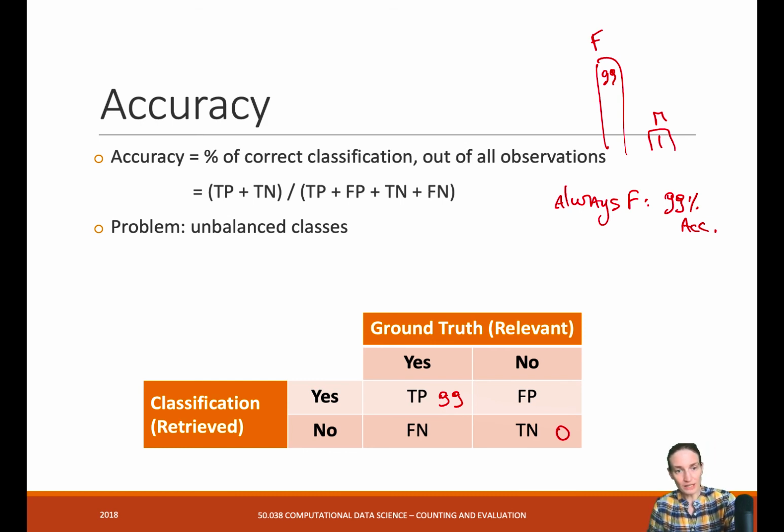What you can do instead is the class specific accuracy. In this case, that means doing the true positives over the total here and the true negatives over the total here. In the case of female-male, the class specific accuracy of female is 99 over 99, 100%.